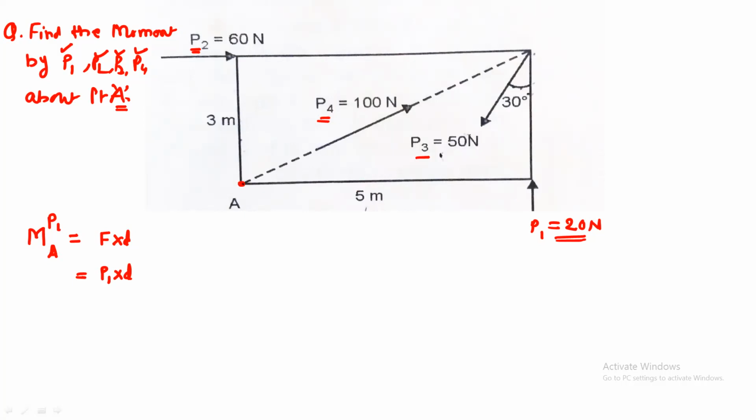The moment point is A. From this point, the distance must be perpendicular to the line of action. Right now, this side AB is the perpendicular distance, and AB is perpendicular to the force P1. So we can take this 5 meter as the perpendicular distance. Force is 20 into distance 5, so this is equal to 100. Unit is Newton meter. And what is the sense of rotation? This P1 force will try to rotate the given object ABCD in the anti-clockwise direction.